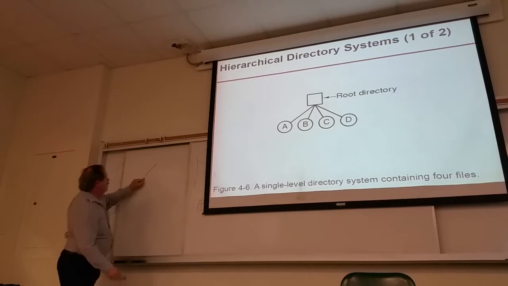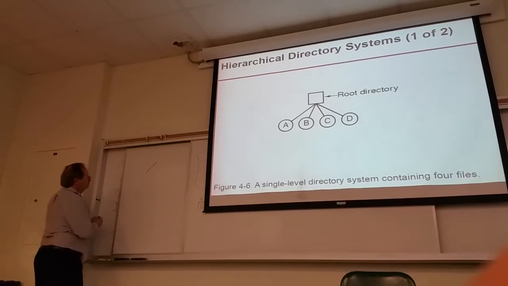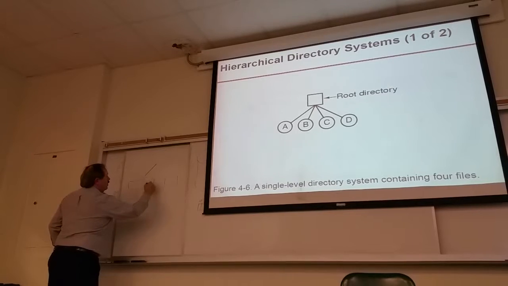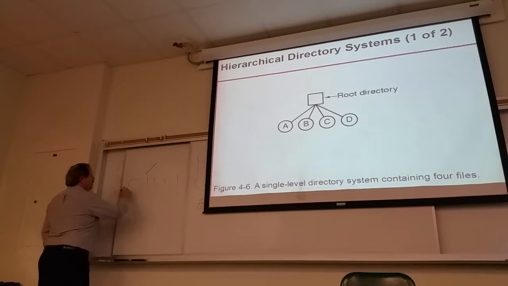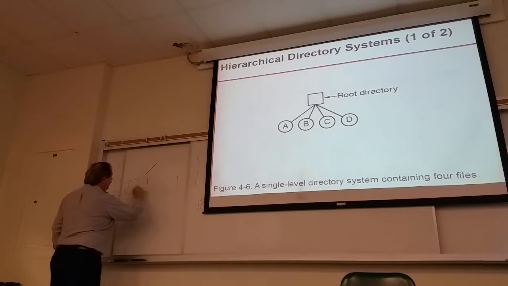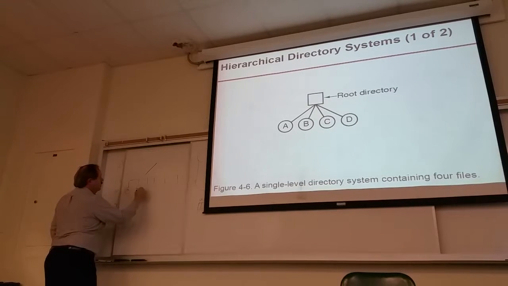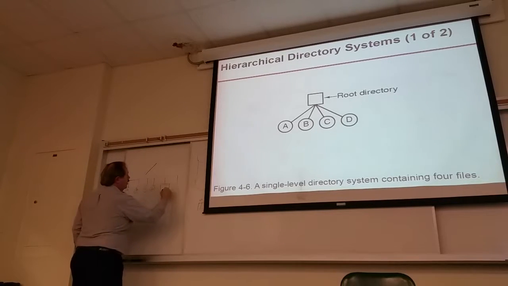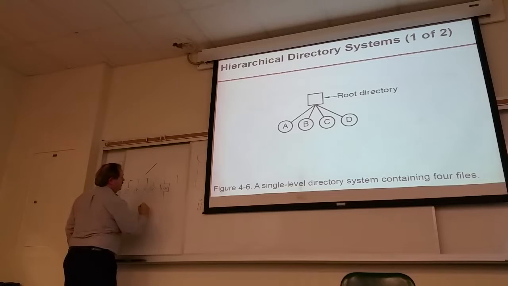And from root or slash, you can then create any number of child files. These child files could be terminal files like you see here, A, B, C, D. But they can also be other directory files, right? And we saw this in chapter 1.